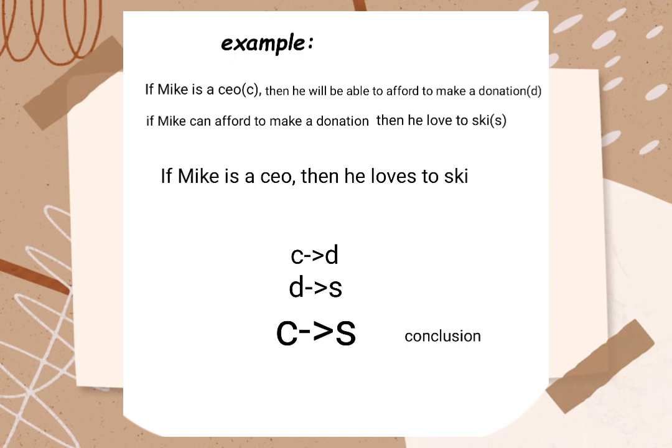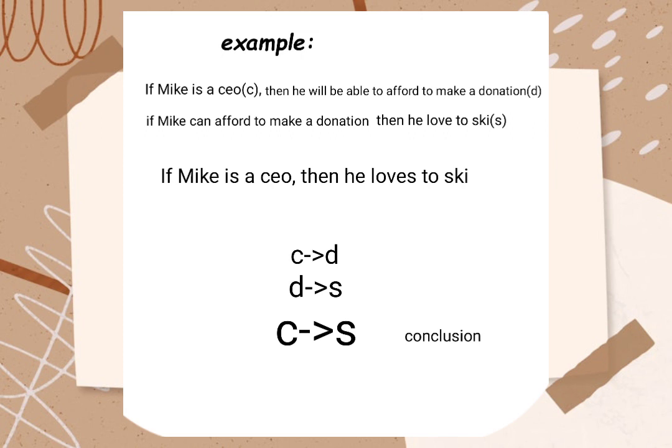Ang conclusion niya ay C, then S. Ang ating C is if Mike is a CEO, and yung ating S is he loves to ski.